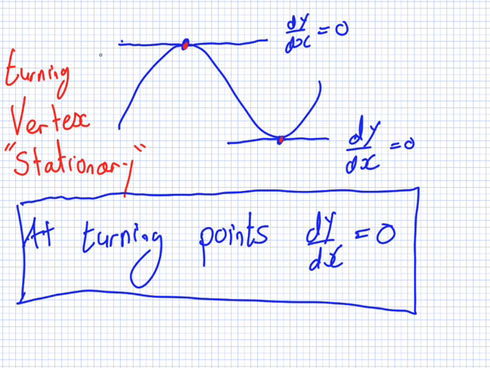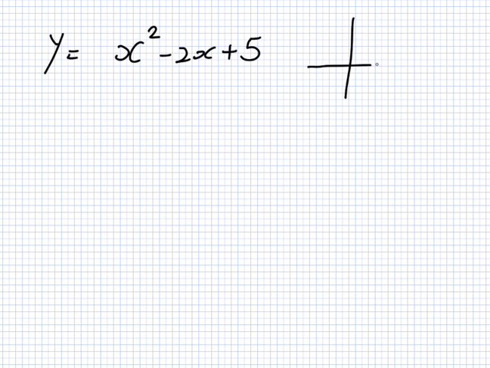Okay. Now, do you remember earlier in semester 1, if I gave you something like this, y equals x squared minus 2x plus 5, do you remember how to find this turning point here? What do we need to do? Yeah, I heard mumbles of the right answer.